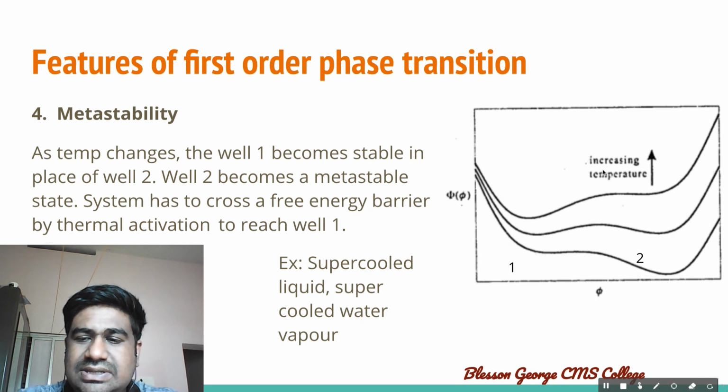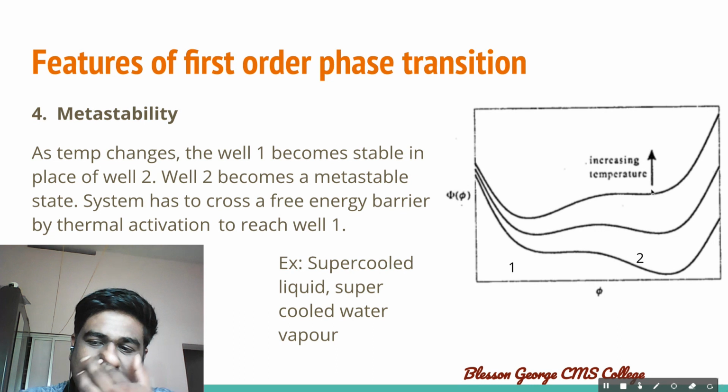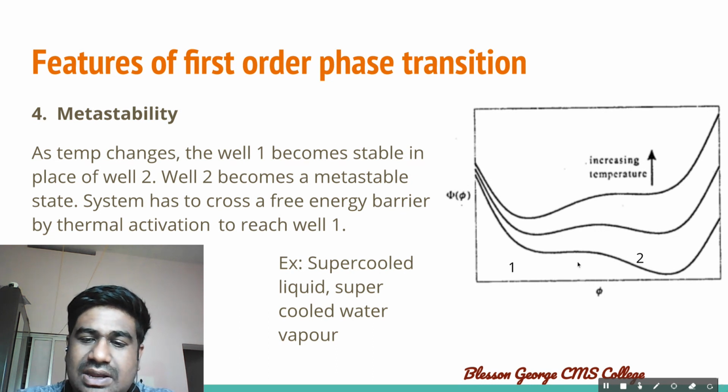metastable state. As the system evolves, what happens? Well 1 becomes the stable state and well 2 becomes the metastable state. I'll say it once again: initially well 2 is the stable state and well 1 corresponds to the metastable state.